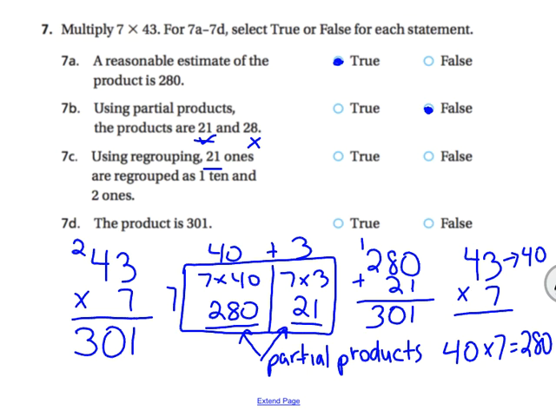So it would be 2 tens and 1 one. Sounds a little funny, but 1 one. So that does not match. So again, this is going to be false. Okay, and then 7D is a straight out. What is the product? Is the product 301? And looking at our work, we see yes, 301, 301. So this is true.